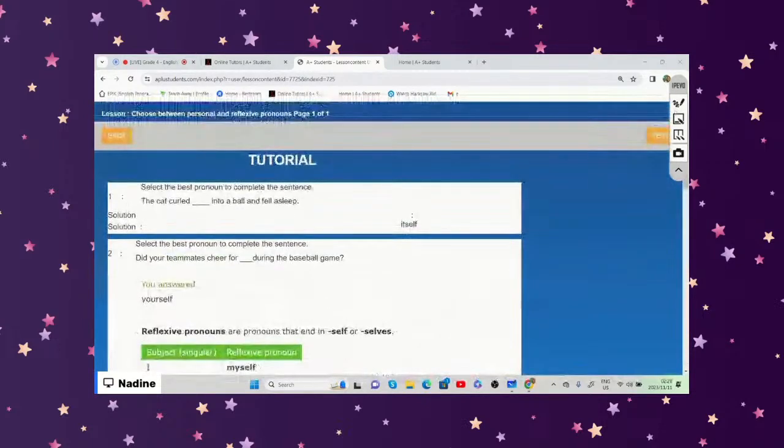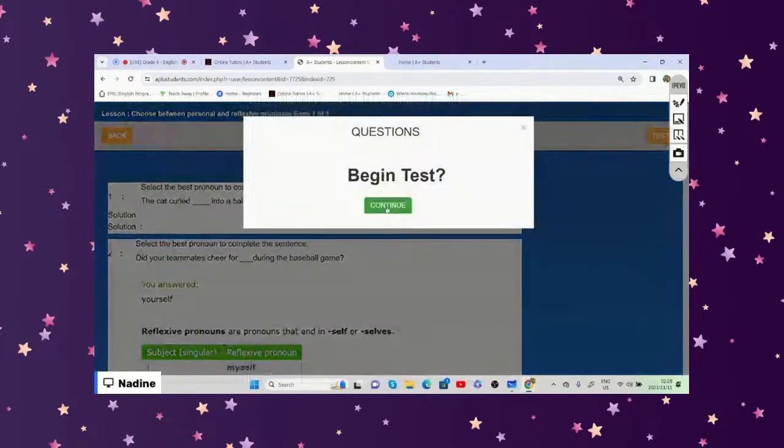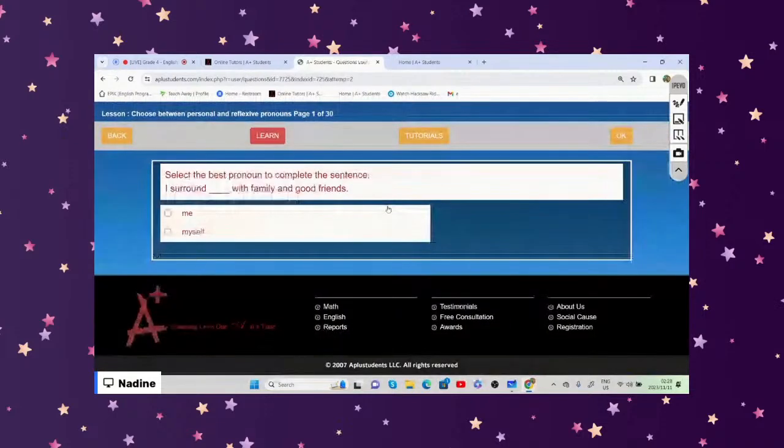All right, so now we're going on to our test. We're going to begin the test by choosing between personal or reflexive pronoun. Remember, your reflexive pronoun refers to the subject.